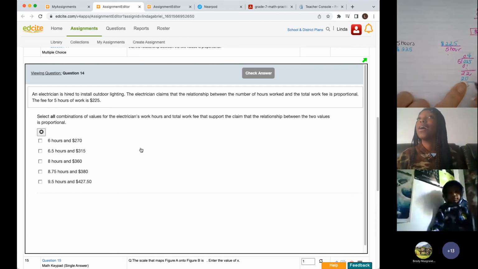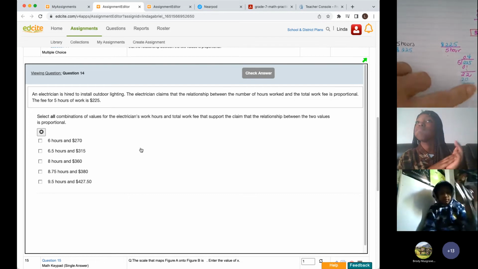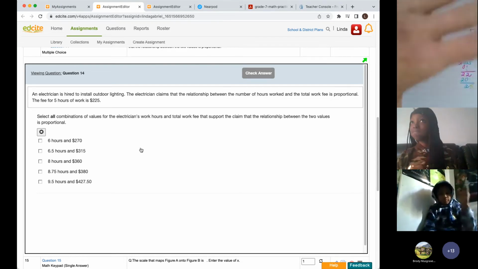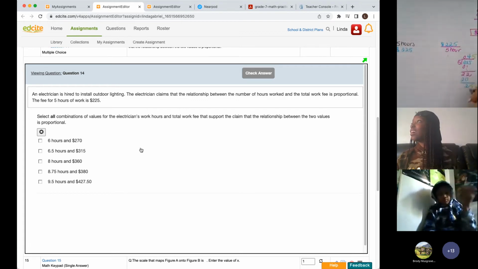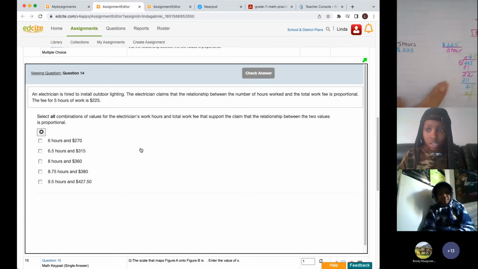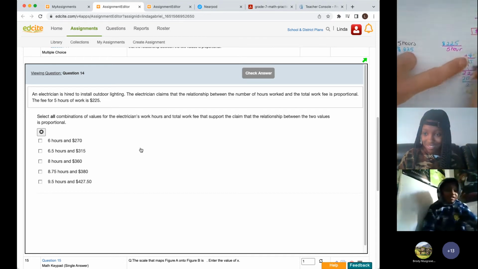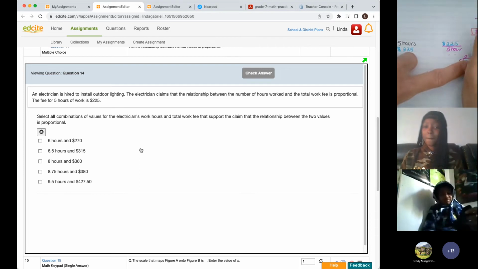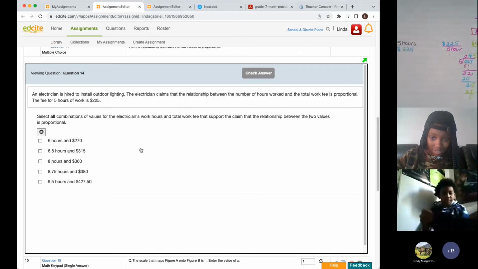So now I need to drop this 5 down. 5 goes into 25, 5, 10, 15, 20, 25, 5 times. All right, 5 times 5 is 25. That means I have 0 left over. So there's no decimal, right? Goes in an even amount of times. That tells me that the proportional rate is going to be $45 for every 1 hour that he works.